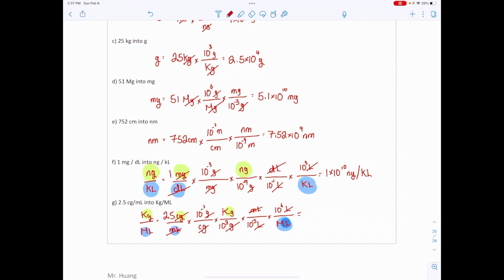I'm going to plug this into the calculator. Divided by 10 to the power of 3, divided by 10 to the power of negative 3, and then I get 2.5 times 10 to the power of 4 kilograms per megaliter.